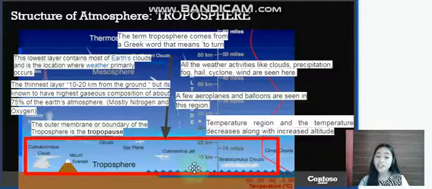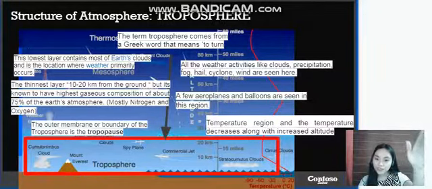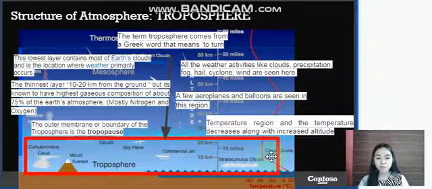Within the troposphere, the temperature decreases with elevation. So, habang tumataas po yung altitude, nag-decrease naman po yung temperature. Always remember that. From the average of about 17 degrees Celsius at the surface to negative 60 degrees Celsius at 12 kilometers elevation.